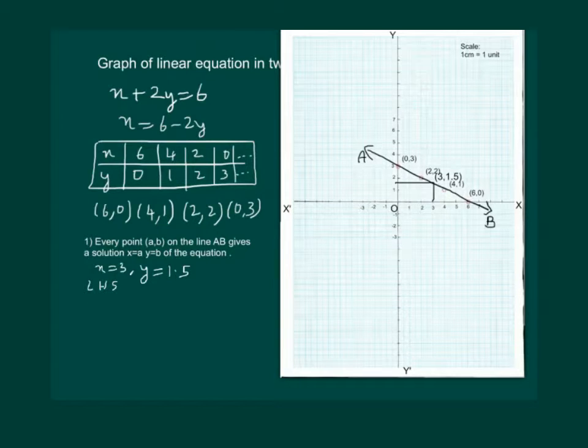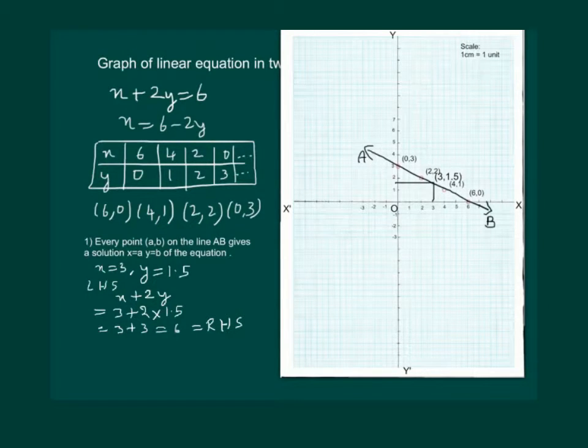We have x plus 2y, this is equal to 3 plus 2 into 1.5, which is equal to 3 plus 3, which is equal to 6, which is equal to the right hand side.